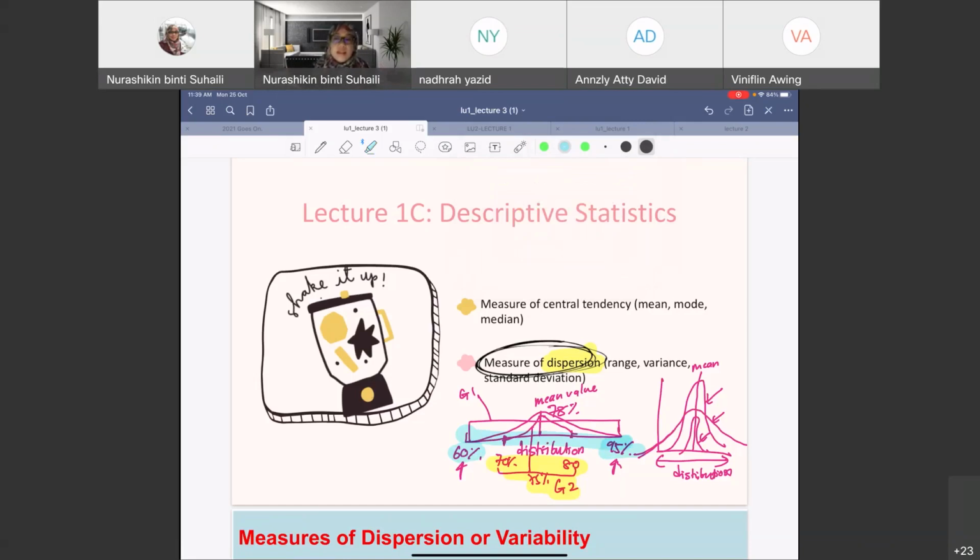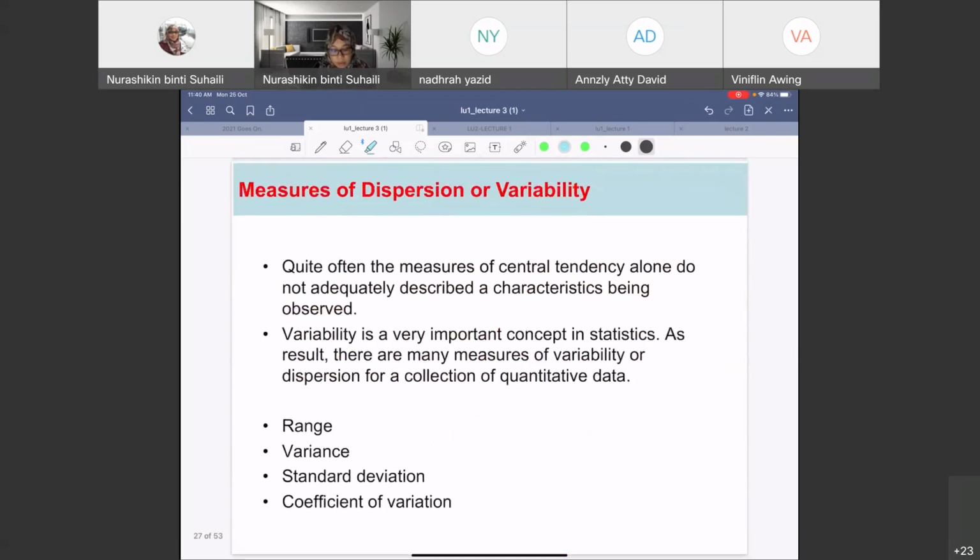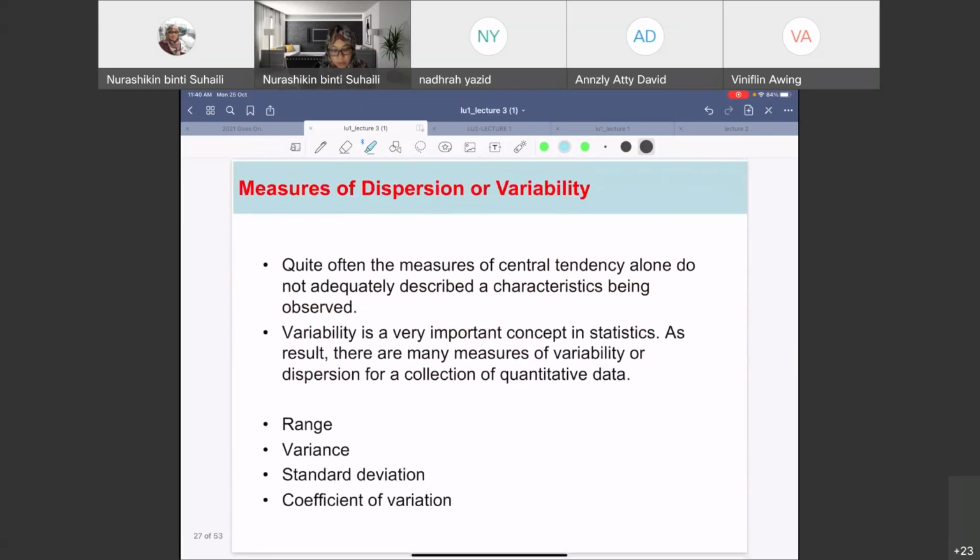Okay, so that actually describes the dispersion. If you want to understand what dispersion is, it describes the pattern of the distribution in general. So when we talk about dispersion, there are a few parameters that we can look at. The easiest one is range.